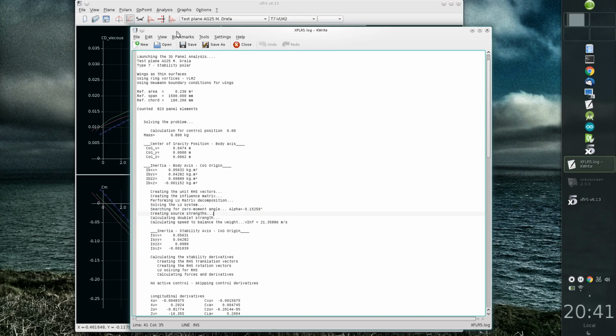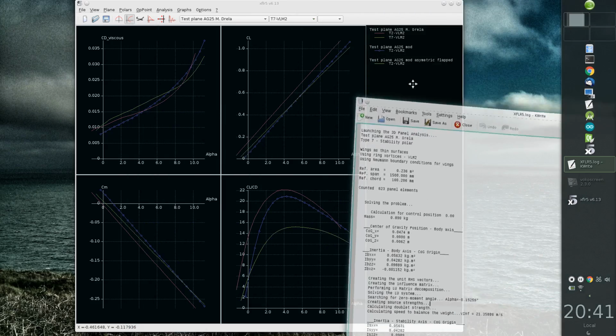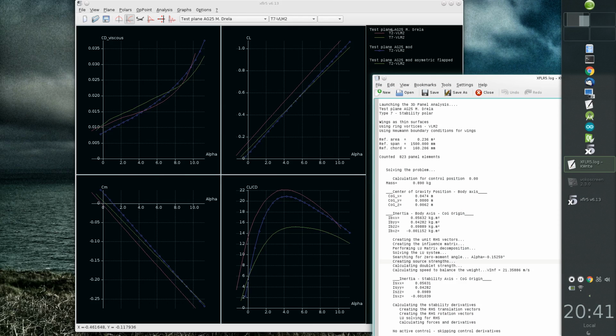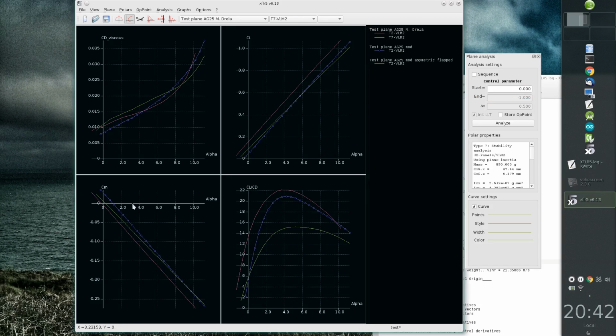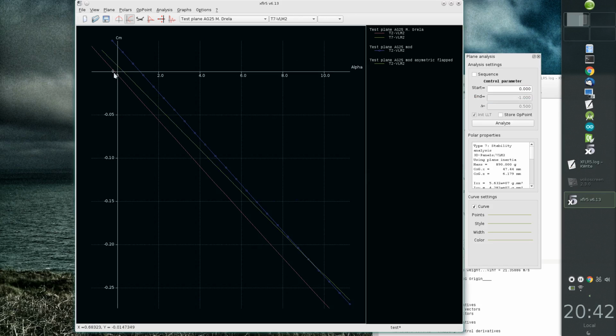Now let's check this. We are talking of the test plane AG25, and let's look at this brown curve, the T2 VLM2. If we look at graph number 3 here, it intersects the horizontal axis for a value of AOA, which is, let's look in the status bar.